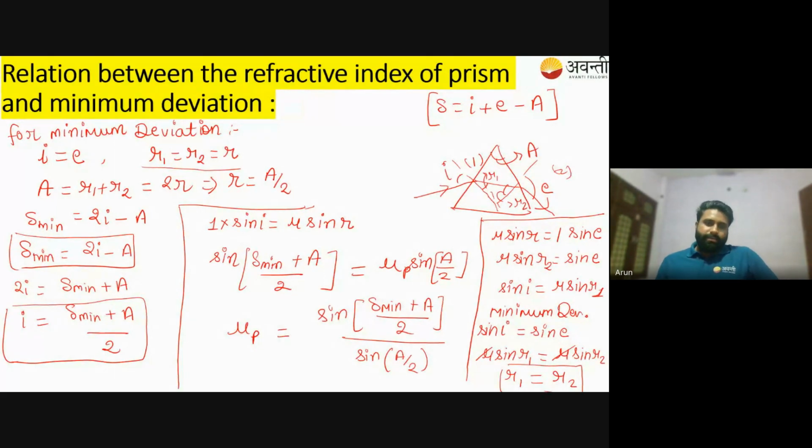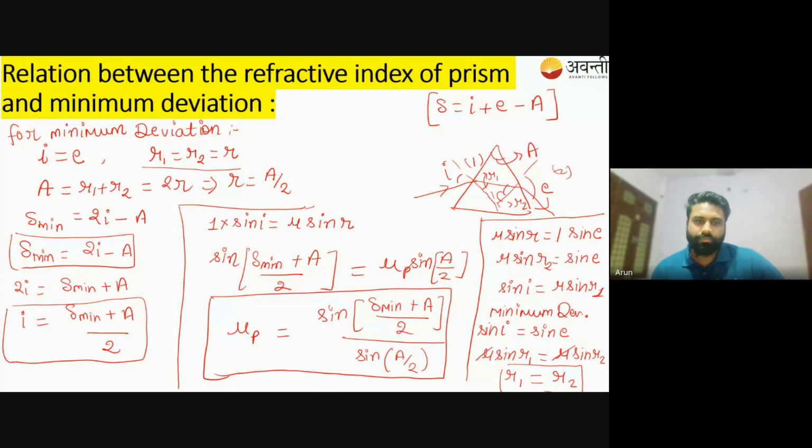So learn these two formulas. This is mu p. This is the important one, and all the boxes that I have made in this concept, you will have to remember. Okay, I hope this is clear to you. If you have any kind of doubt, you can ask.